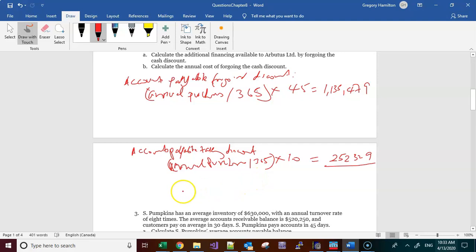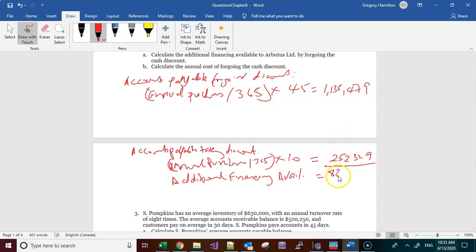So for 45 days, the additional financing available would be the difference between these two.